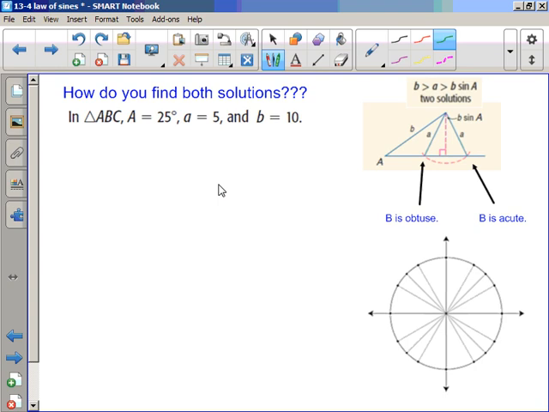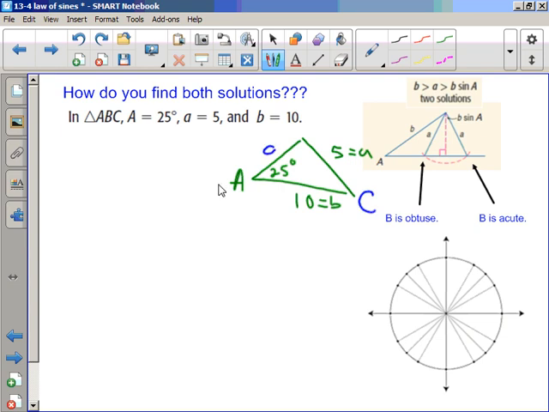We have 5, we have, I'll put it down here, we have 25 degrees. All right, so it's A, B, we got to find big C, little c, and big B, okay?